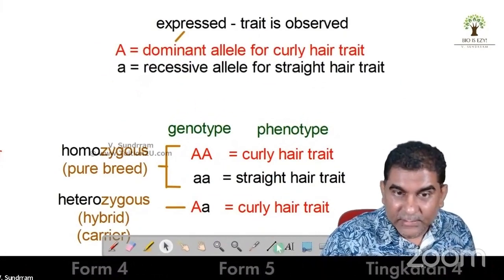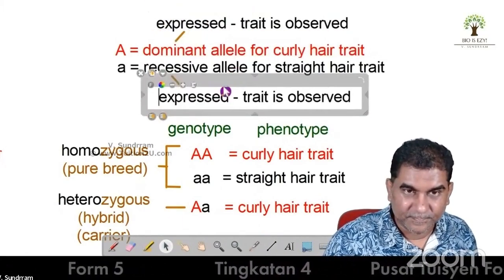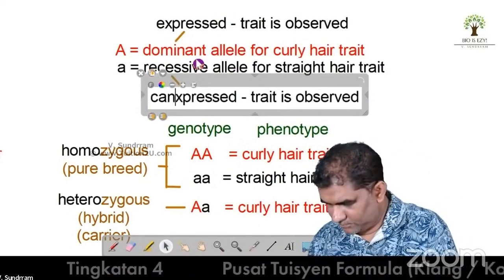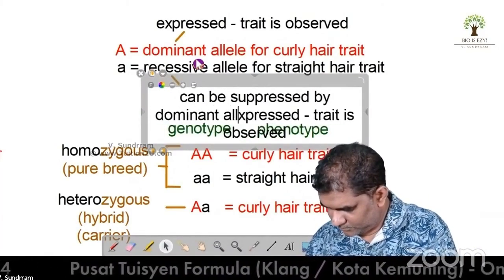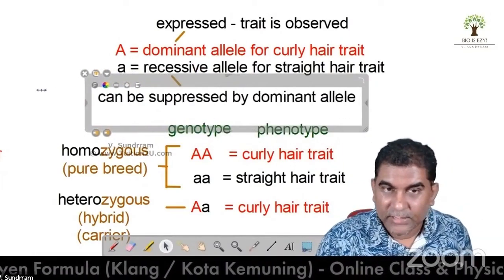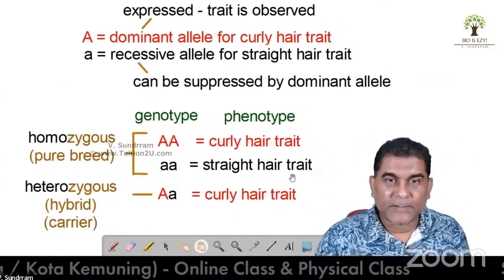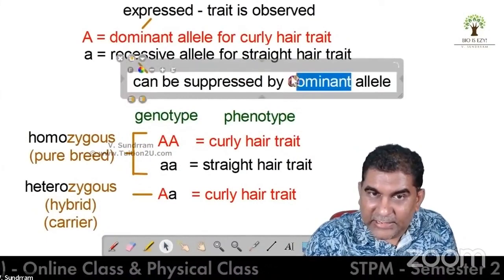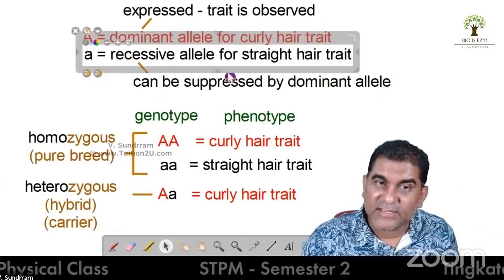Recessive allele can be suppressed. What it means is the dominant allele can suppress the recessive allele. As long as the dominant allele is present, the recessive allele will be suppressed.